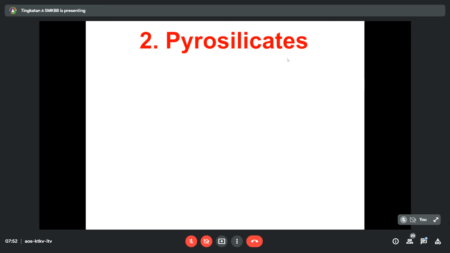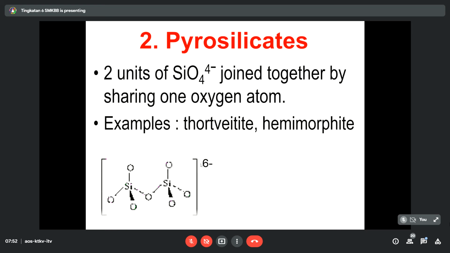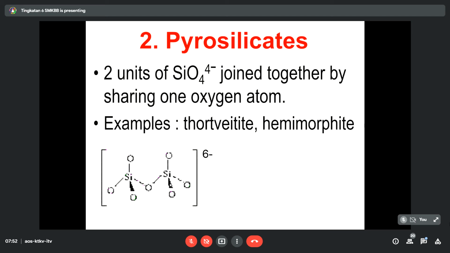Next, pyro. Pyro means 2 units of SiO4 joined together by sharing 1 oxygen atom. See that? Normally we don't draw it this way, I always say we draw it this way. So it consists of 7 oxygen and 2 silicon.